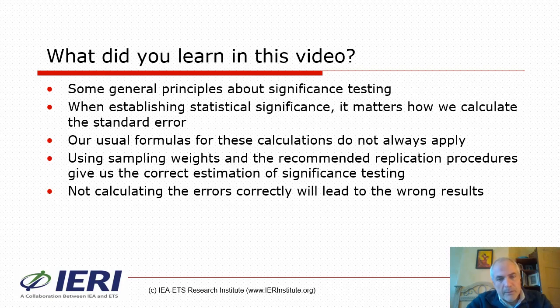Using the sampling weights and the recommended replication procedures will give us the correct estimation of significance testing, and as a consequence, not calculating the errors correctly will lead to the wrong result.